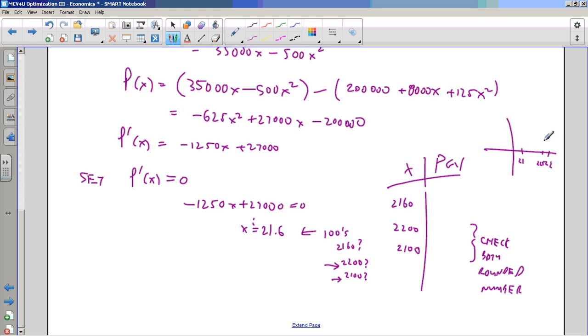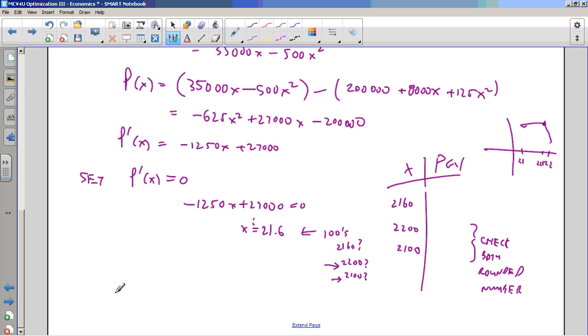It could be that it's decreasing quickly there, and maybe the maximum's supposed to happen here, that it decreases quickly to the end and not so quickly after that. So we do have to be careful if it has to be a whole number of hundreds of stoves that we round and check.